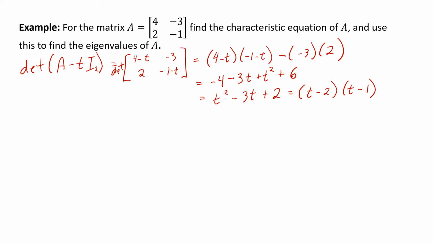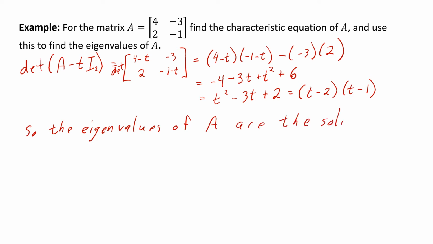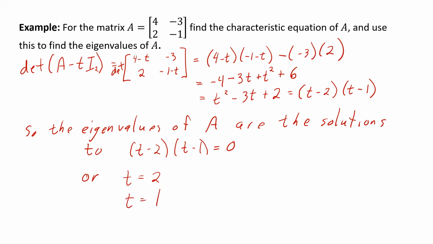So what does this mean? This means that the eigenvalues of A are the solutions to t minus 2 times t minus 1 equals 0, or t equals 2 and t equals 1.